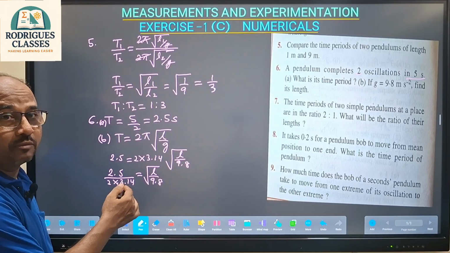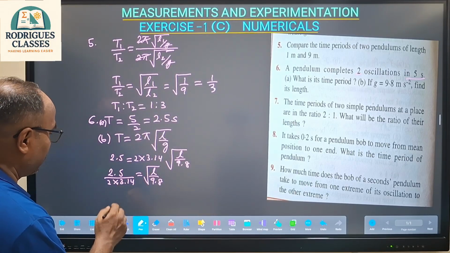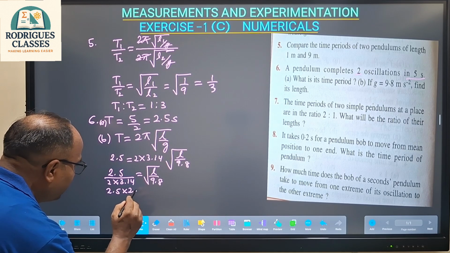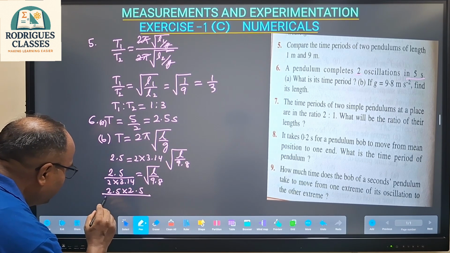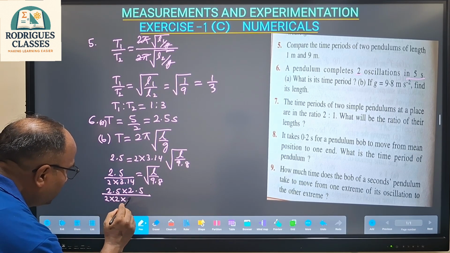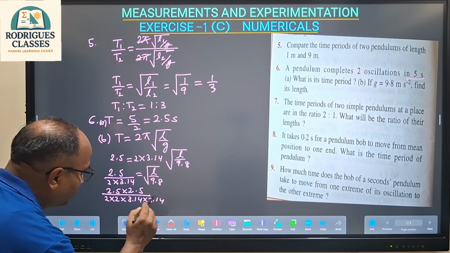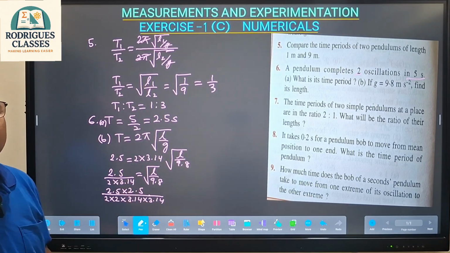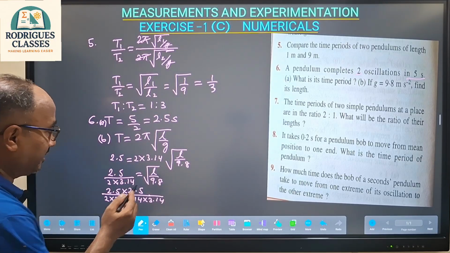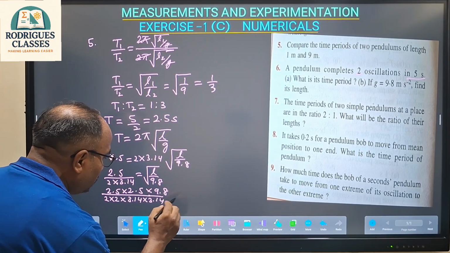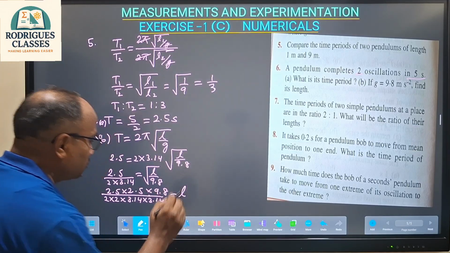Now the root will go, we take the square of it. So I will write 2.5 into 2.5 divided by 2 into 2 and 3.14 into 3.14. This will be equals to L by 9.8. Then 9.8 also taken this side, you get it as equals to L.